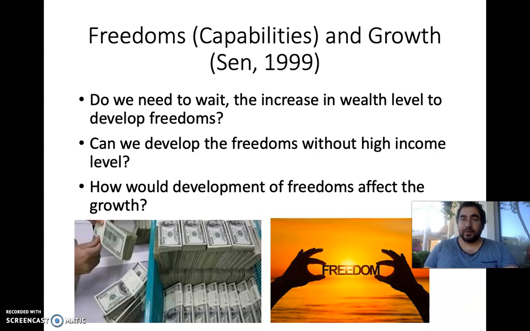But Amartya Sen's freedoms are pretty much individual, not freedom for the whole society, but rather freedom to do something, for example. And that concept was also used by the United States in the Second World War.